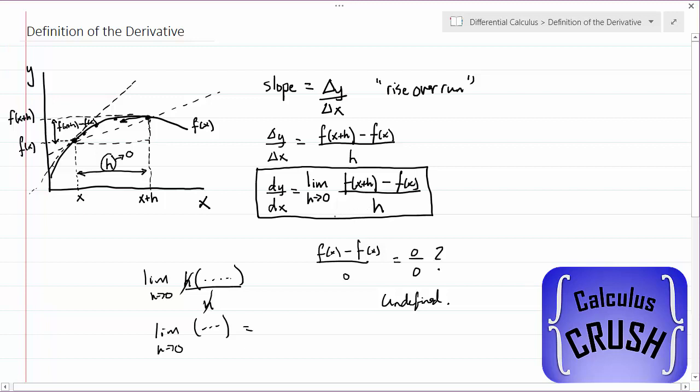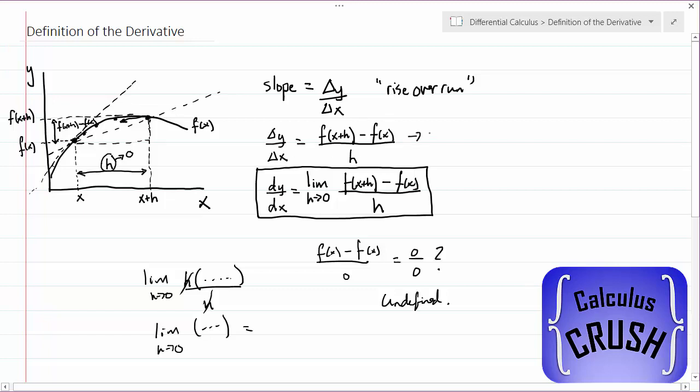A little bit more information on that. Why do we care about the derivative? Well, we care about it because it tells us what the instantaneous rate of change is at a specific point. Whereas when we calculate the slope between 2 points, what we're calculating is the average rate of change.